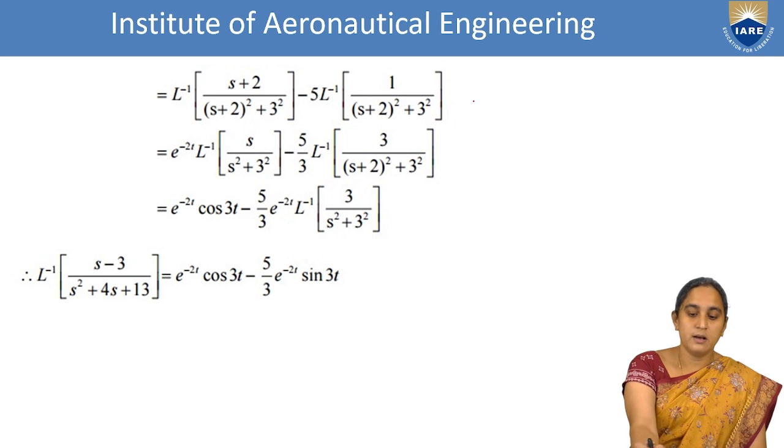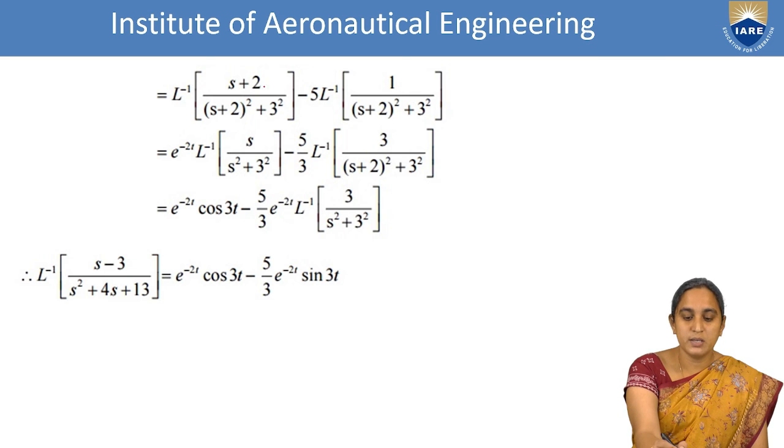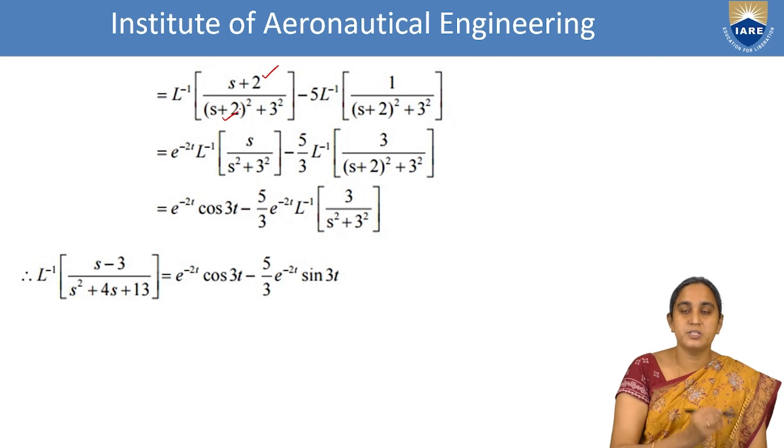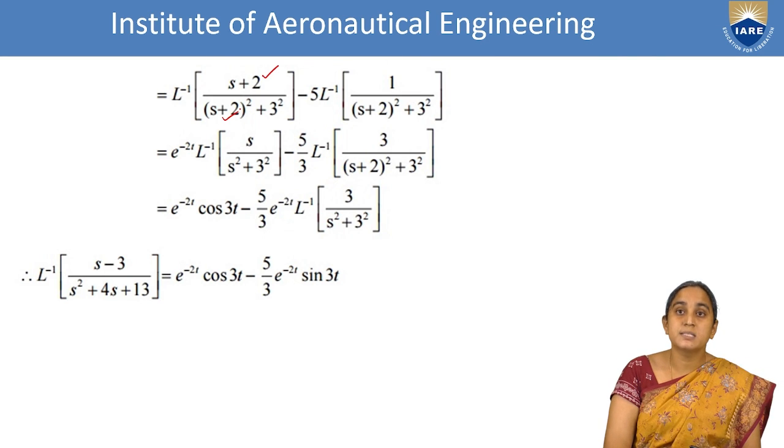Then after this, once you observe the numerator and denominator, it is in the form of Laplace inverse of f bar of s plus a, that is the f bar of s minus a formula.